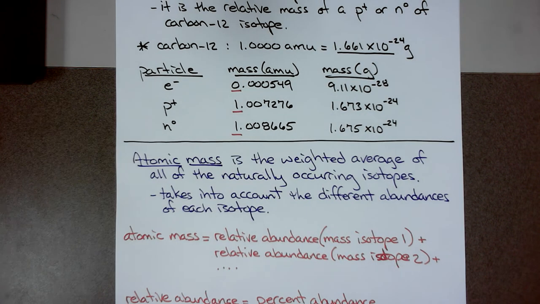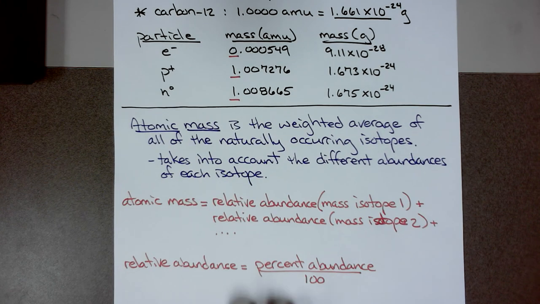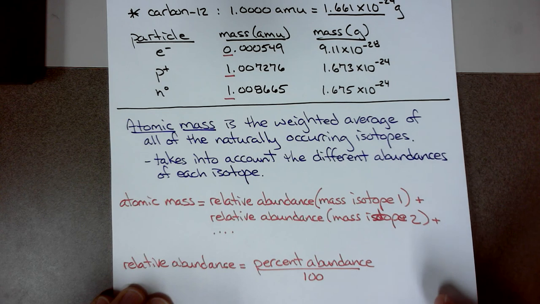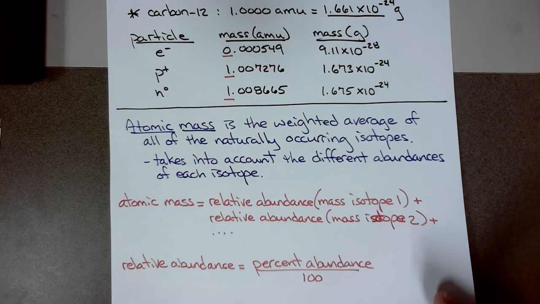Okay, so let's practice a couple of these. Again, atomic mass is the relative abundance times the mass of isotope 1 plus the relative abundance times the mass of isotope 2, and on and on, however many isotopes you have. And again, relative abundance is just the percent abundance divided by 100. So let's practice a couple of problems and see how this works.